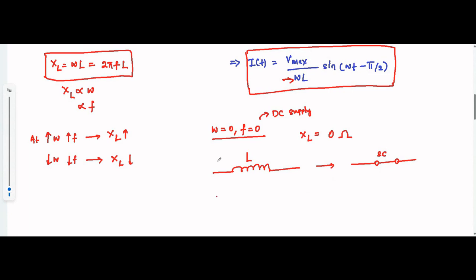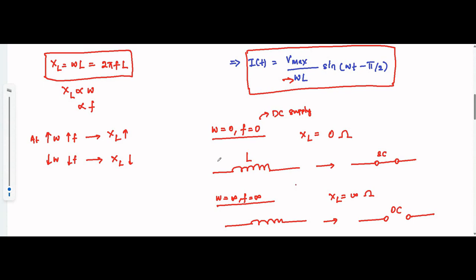And when omega is very high, let's say infinity, very high frequency, the inductive reactance XL will be infinite ohms because frequency is infinity. So in that case, it behaves as an open circuit.